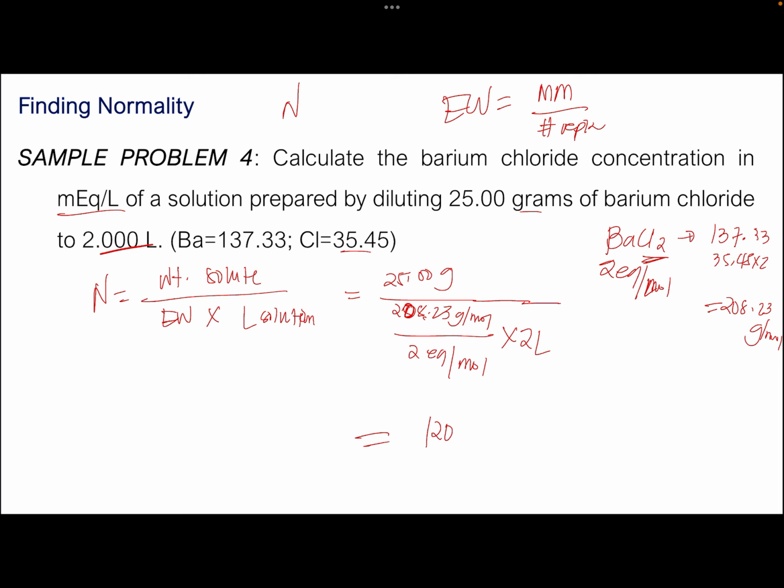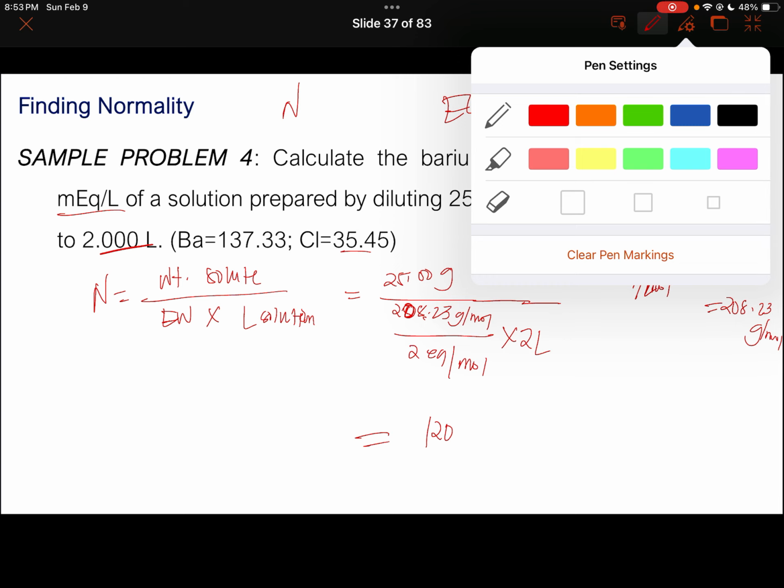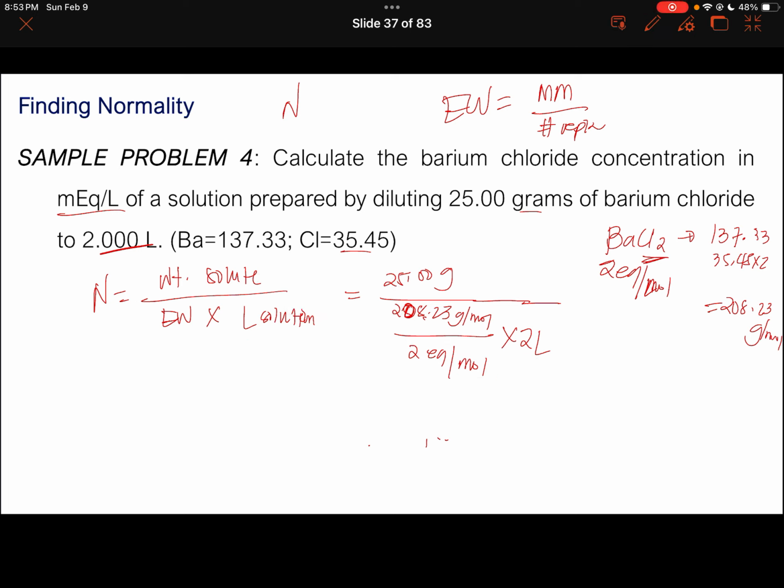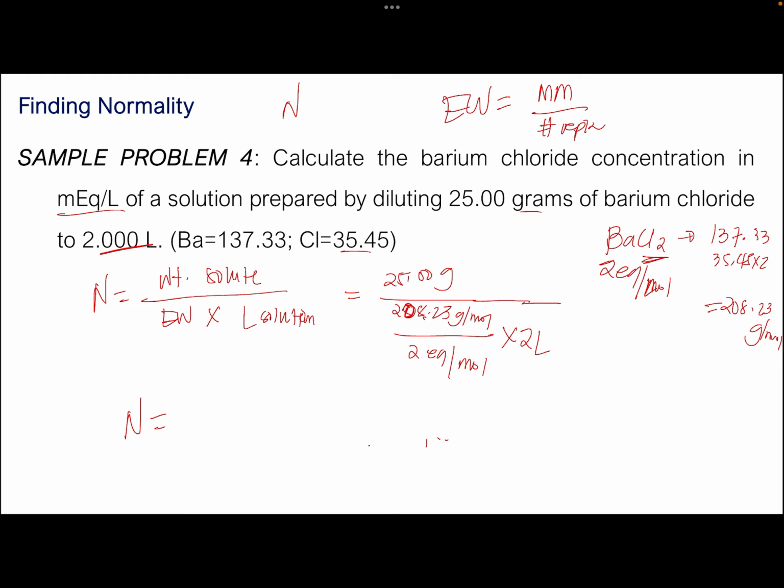Let us calculate. So, N is equals 25 divide 208.23 divide 2 over 2 liters. So we get 0.121 equivalents per liter.